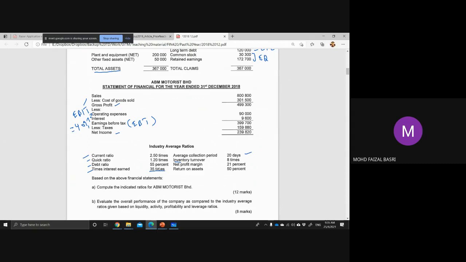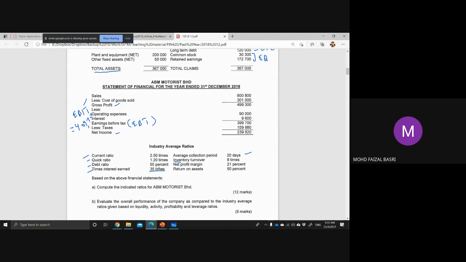And so far, I showed you 4 categories. We have liquidity, leverage, activity, and profitability. So 4 categories, 8 ratios simply means every category, they're going to ask you two ratios.